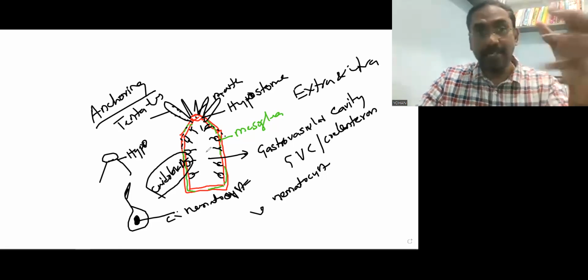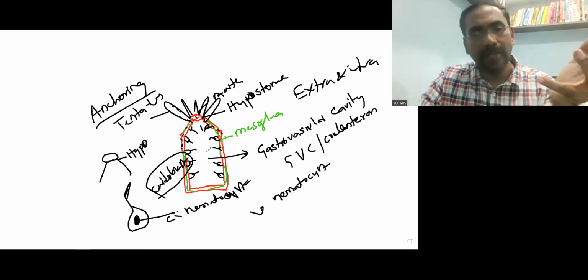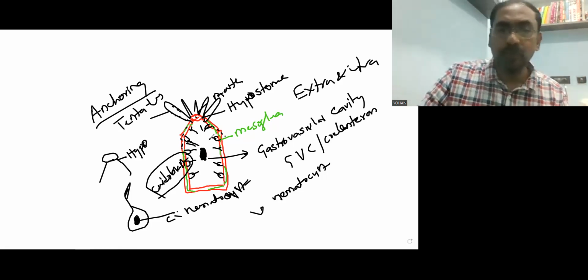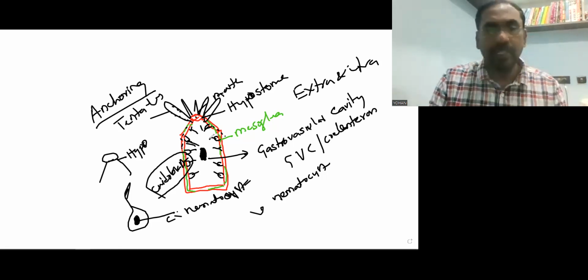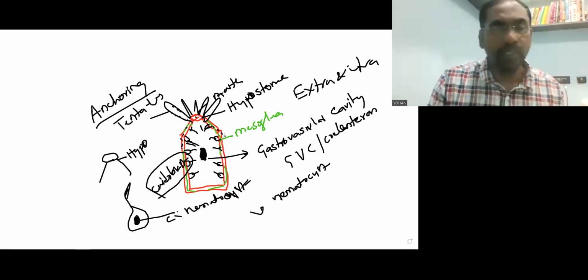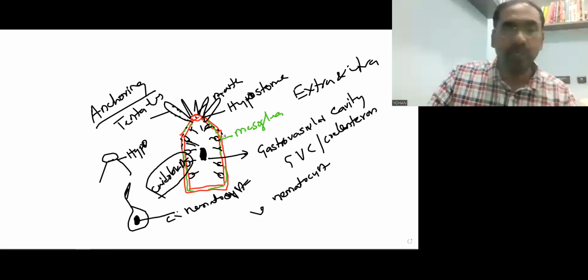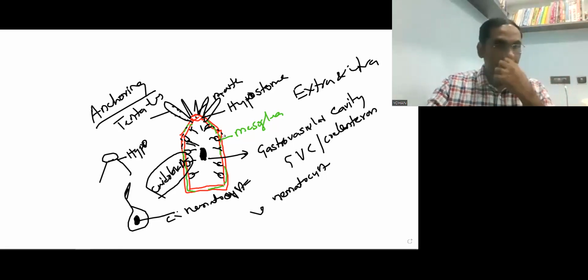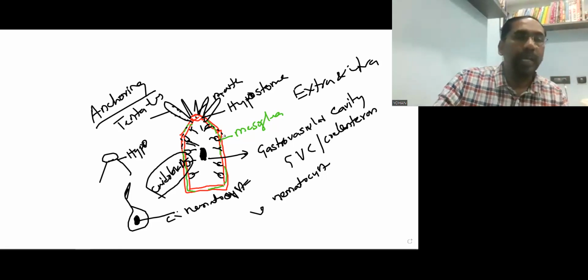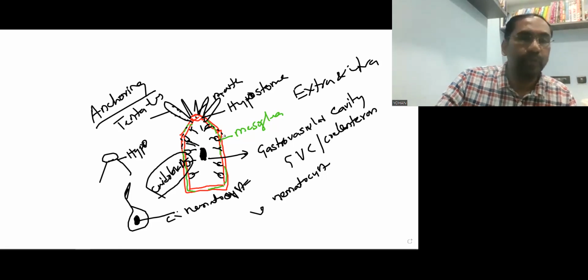And partly digested food is taken up by the flagellated cells and they finish the digestion. The first digestion takes place outside the cells in the cavity, called extracellular. Later on, the digestion is completed within the cell. It is called intracellular. So the digestion is both extra and intracellular.